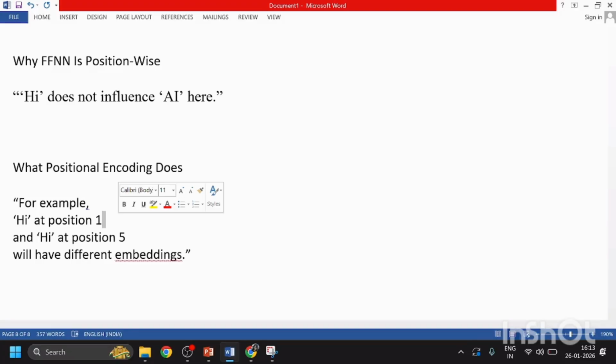That's why we need to add positional encoding. This is how the model knows which word comes first.